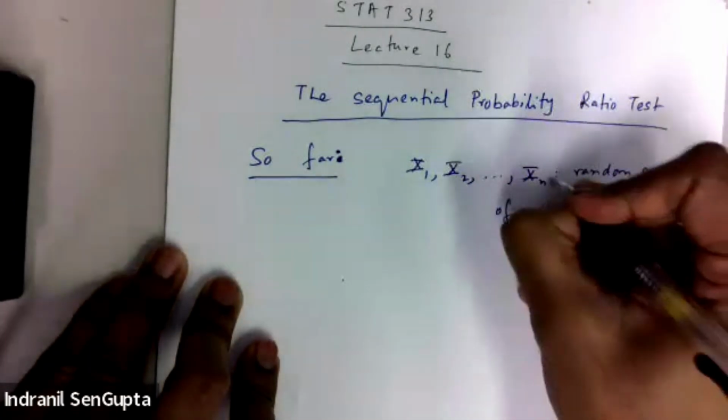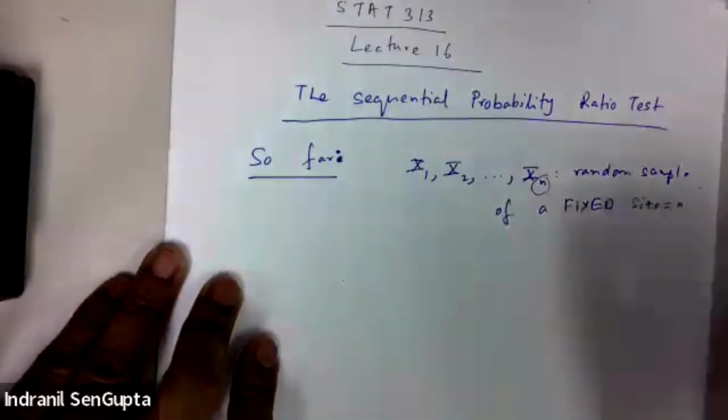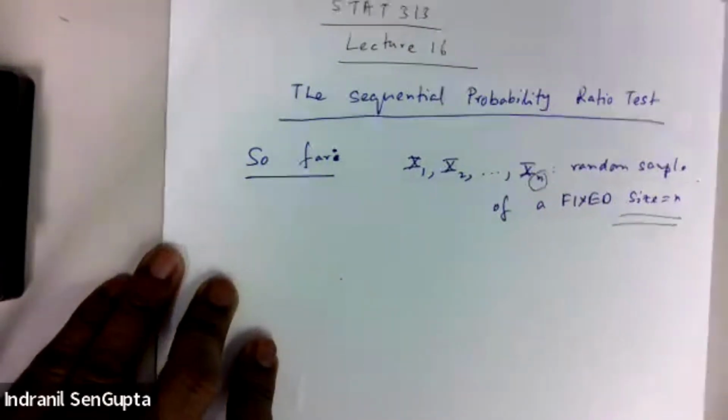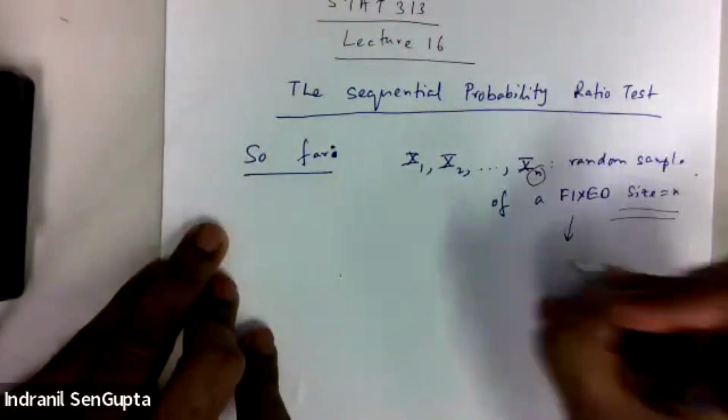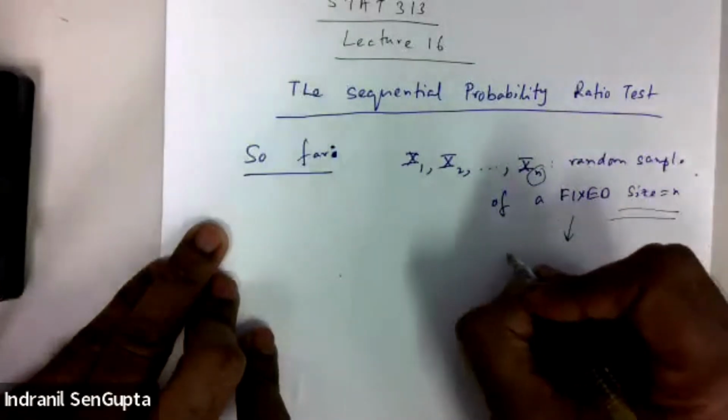So this number n we don't change. We draw a sample of size n. That is always the first step that we do.